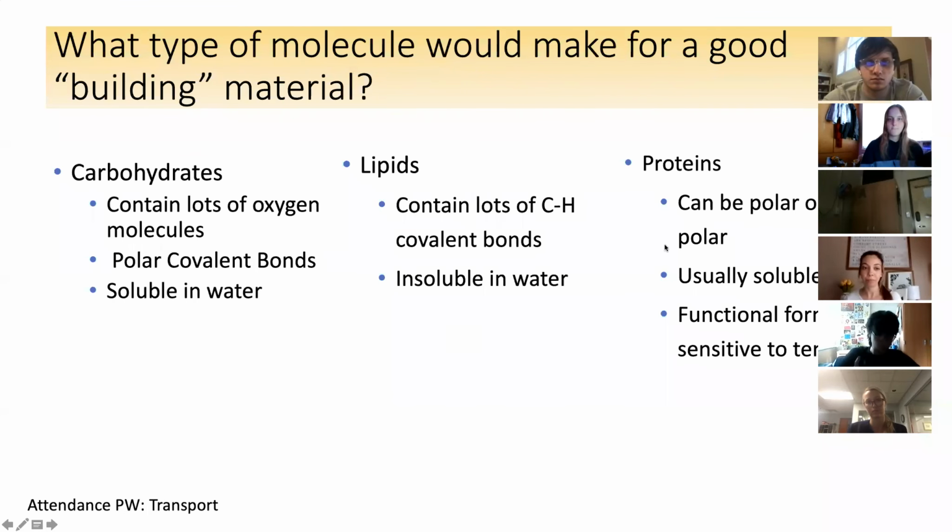All right, so we said we really needed a combination of a lot of these different types of macromolecules. Our main component is going to be a phospholipid. So it's going to be that lipid that we looked at. I think I have a picture of it on the next slide, where the head is going to be hydrophilic.